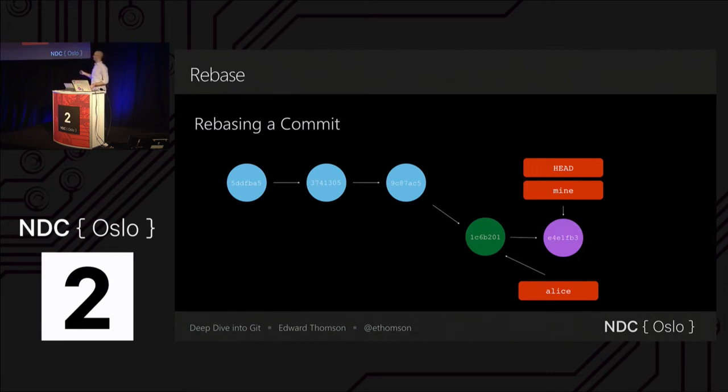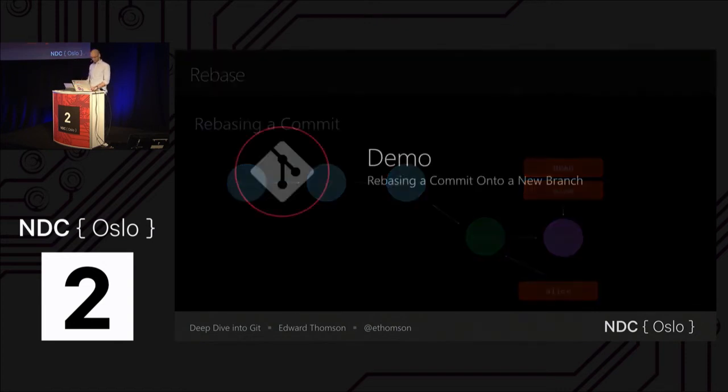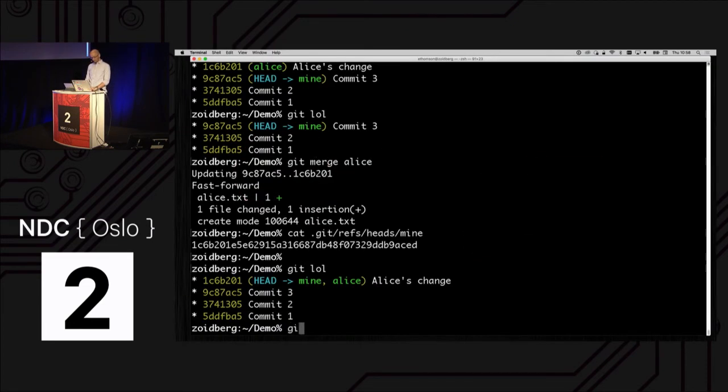Since you're replaying every commit back on top of Alice's branch, you end up trying to solve the same conflicts over and over again, quite often. So it's not perfect, but in theory, in the graph, it's really quite straightforward. So let's take a look at what that looks like if we had rebased Alice's change instead of merging it.